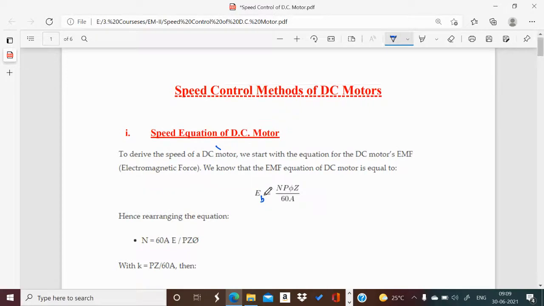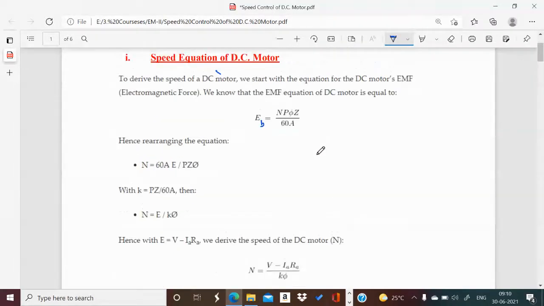Or simply, if from this equation we calculate N, N is equal to EB times 60A upon PφZ.